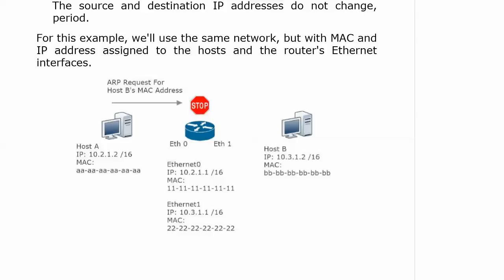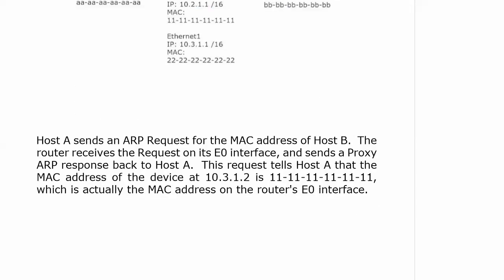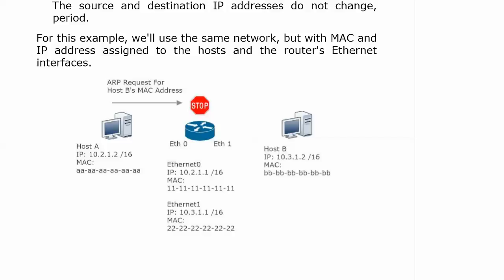In case I didn't mention it and you're listening in instead of watching, Ethernet 0 on the router has a MAC of all 1's. Now at this point, and you can see what's going to happen immediately, host A sends an ARP request for the MAC address of host B. And the router receives the request on its E0 interface, and it's not going to forward it because it's a router.